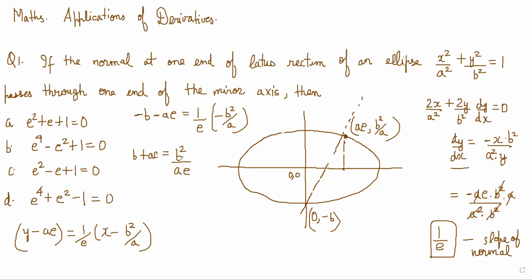So you have to eliminate b and a somehow. And b square e square is equal to 1 minus b square by a square. So a square e square is equal to a square minus b square, right?